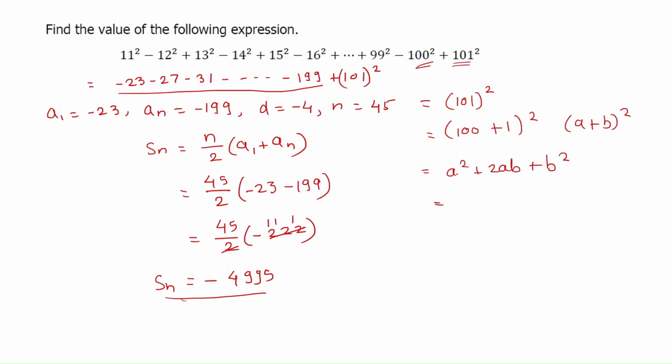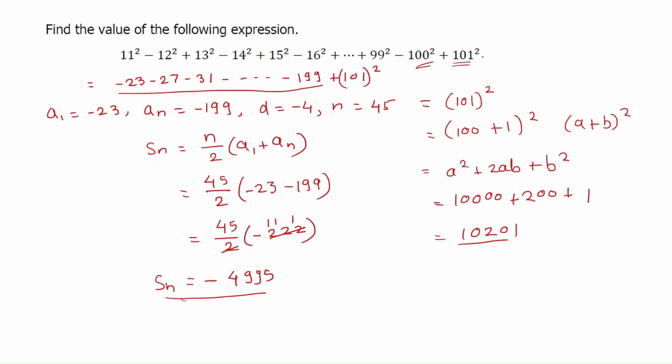So what is the square of 100? It's 10,000, correct? Plus 2ab, that means 200, plus b square, that is 1. So this is 10,201.